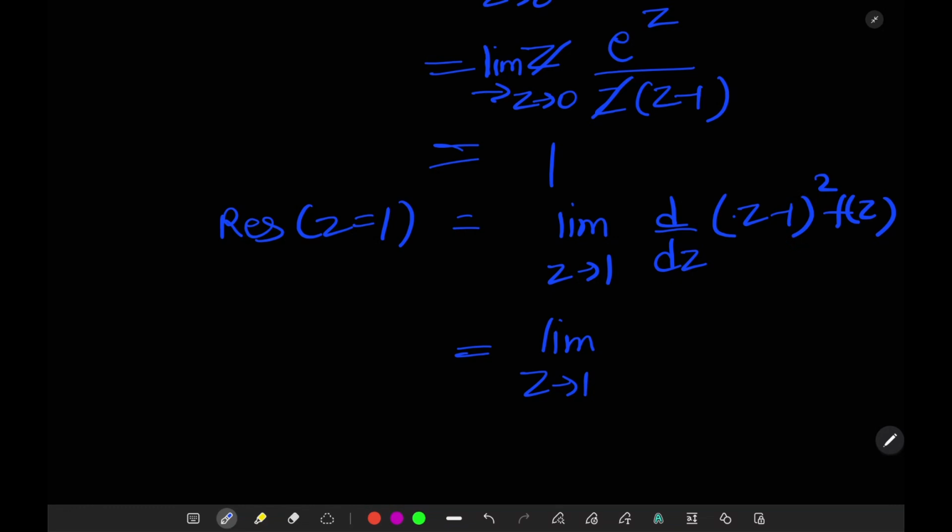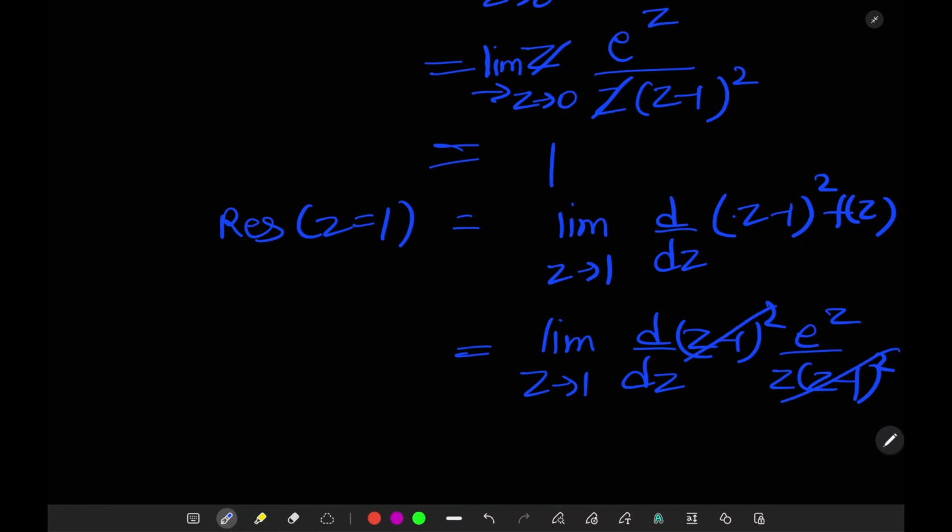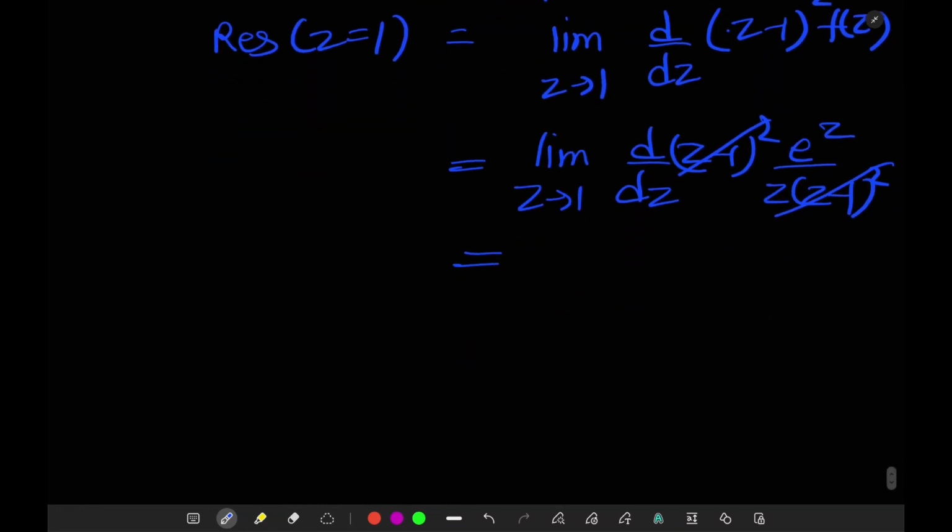Now limit z tends to 1, d over dz of (z - 1) square e^z divided by z (z - 1) square. This is cancelled out by this. Now let's do the differentiation.